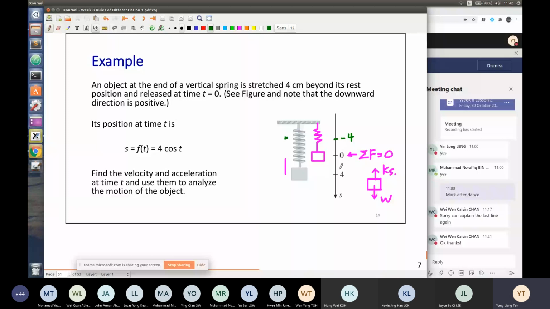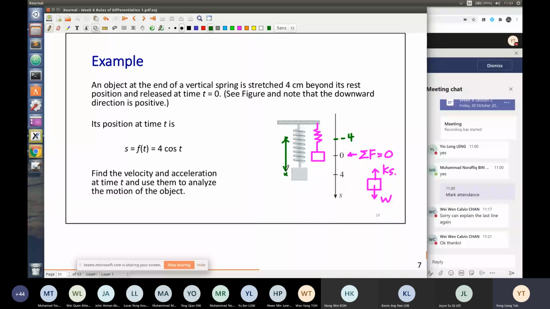So therefore, the spring vibration is going to be within -4 to 4. You can imagine this is what we call the travel of the spring mass system. This mass is going to go up, down, and continue this motion forever, assuming you do not have any damping or air resistance.